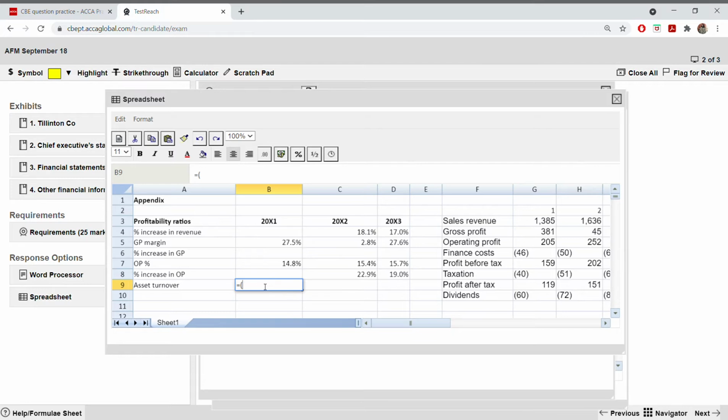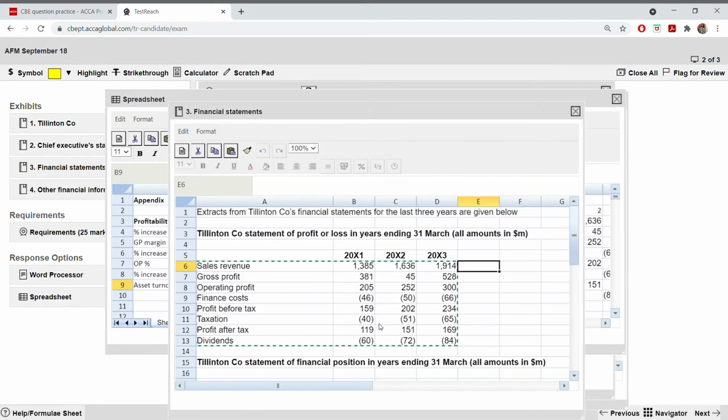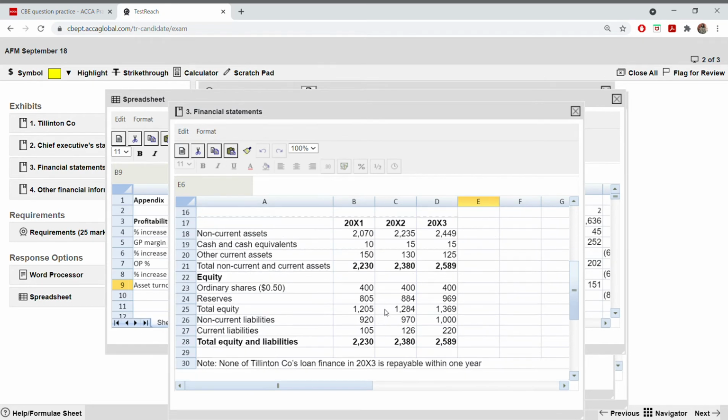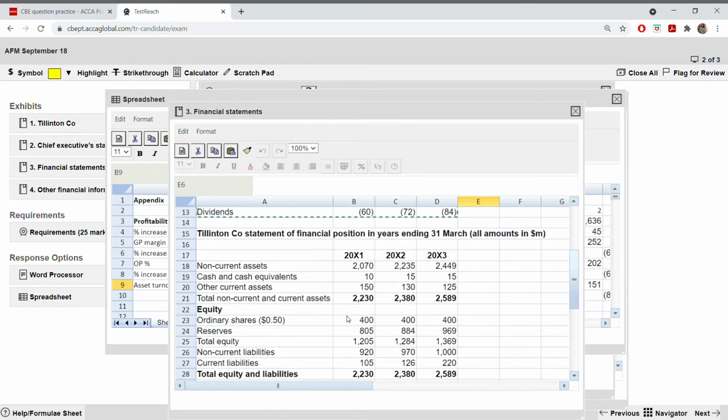So revenue, you are taking sales, divided by, in the bracket, total assets minus current liabilities. Total assets, if you see, you didn't take it, it's here down, which you didn't copy paste. So total assets will be this, 2230.